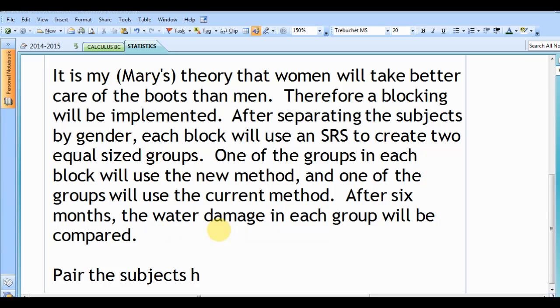Pair the subjects. What are we saying? Is that agreeable? Similar physique. Okay. What are we going to do with the pairs?